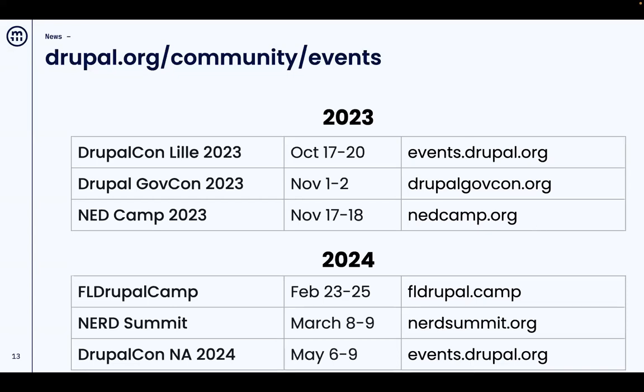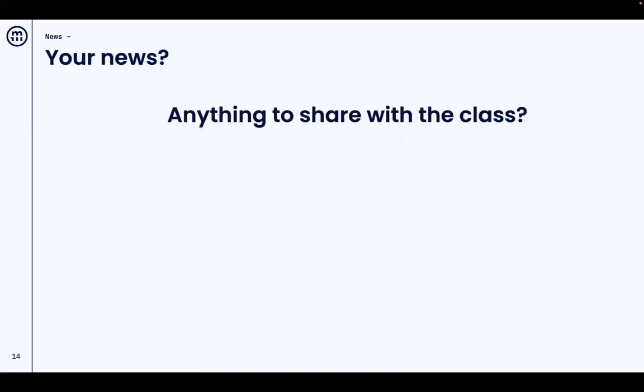I don't think there are any events going on in December. Then in 2024, we have a couple of events already announced: Florida Drupal Camp in February, Nerd Summit in March, and DrupalCon North America in Pittsburgh. No, not Pittsburgh. Portland, Oregon in May.